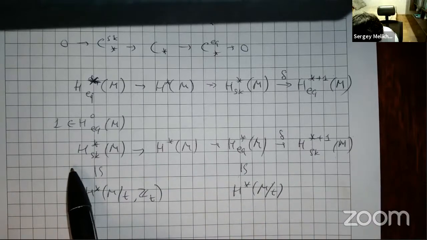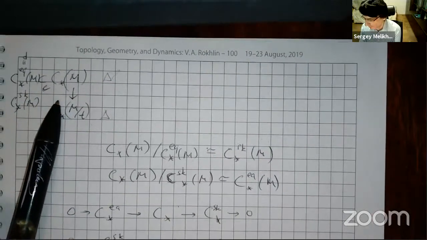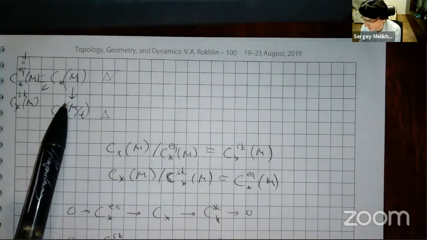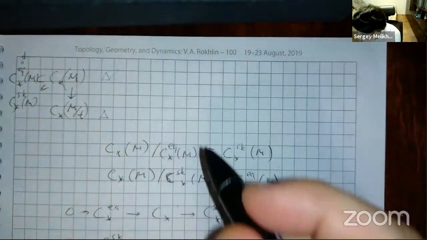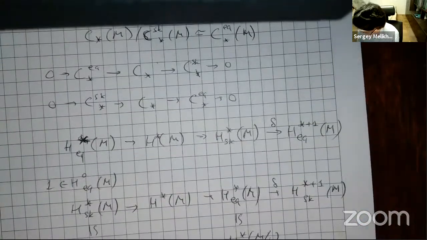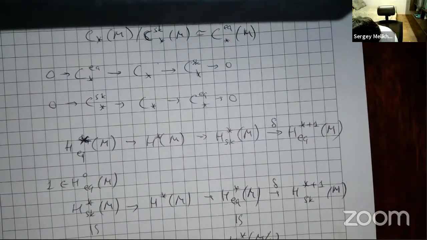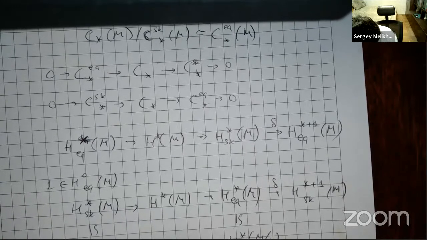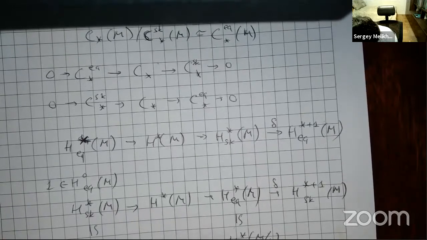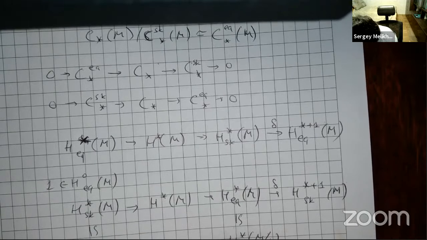You can write this for RP infinity. Taking M as the infinite dimensional sphere, the quotient is RP infinity. We have all these sequences for RP infinity, and one can compute that the cohomology of RP infinity with twisted coefficients is always Z2.